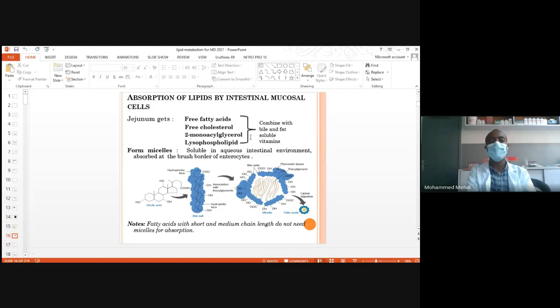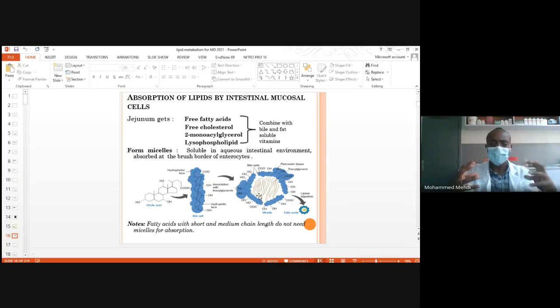These are combined with bile and fat-soluble vitamins for the formation of micelle. There is bile addition on the end products of lipid digestion, and then we have micelle formation.